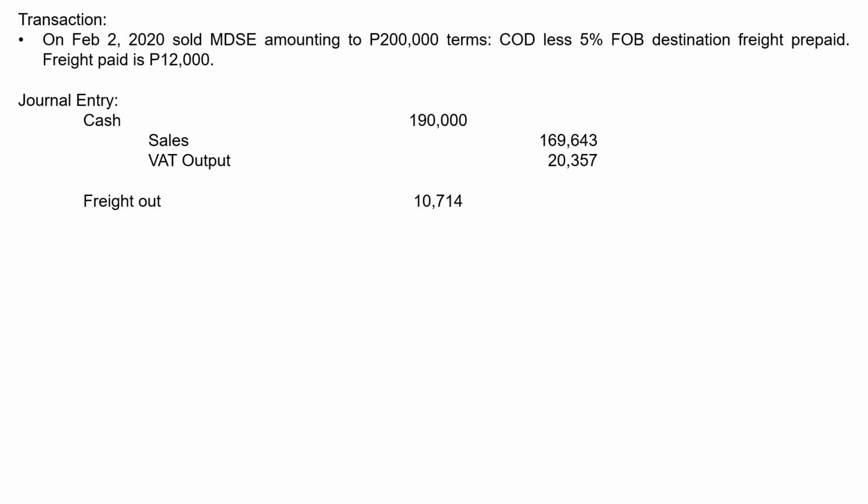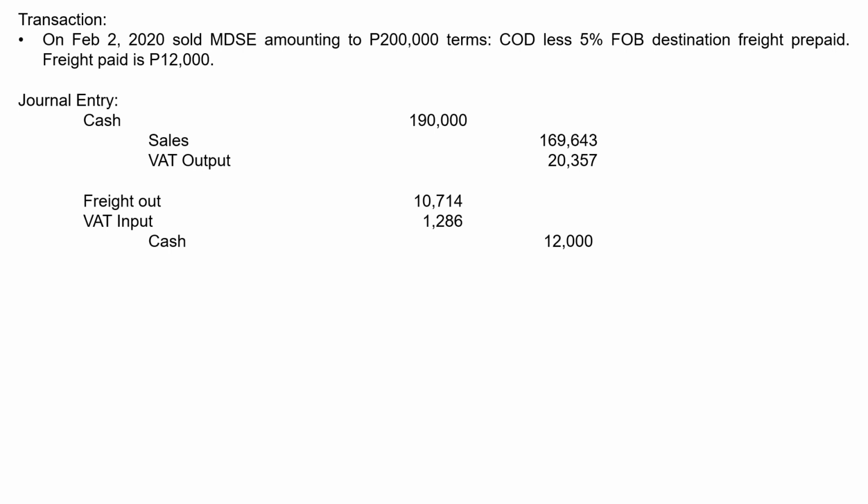And then to record the freight paid: freight out 10,714, and then VAT input 1,286, and then cash of 12,000. The 12,000 of freight is still actually inclusive of VAT, meaning VAT is already included in the 12,000.